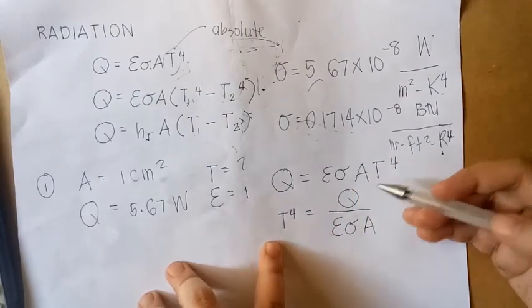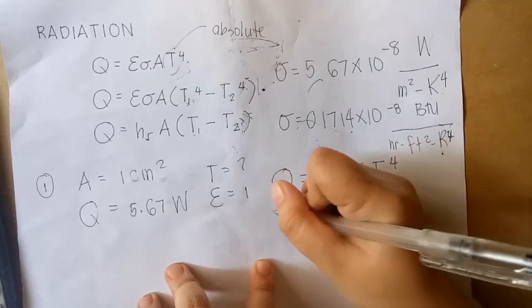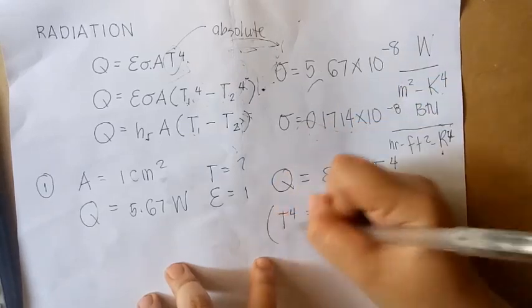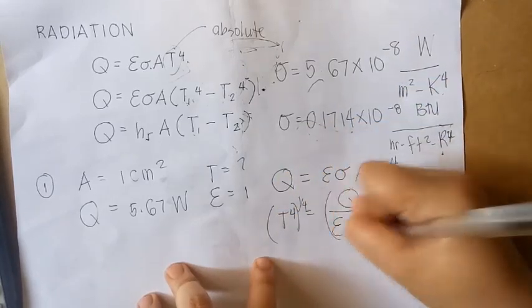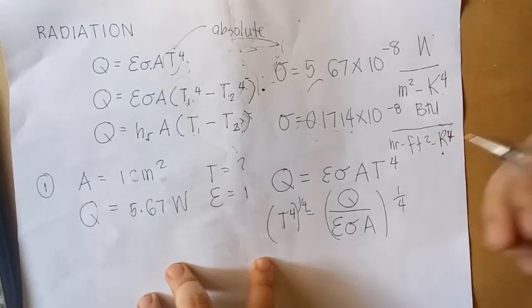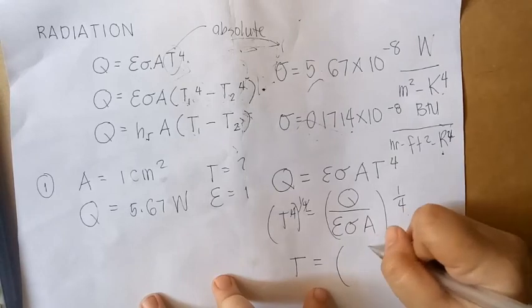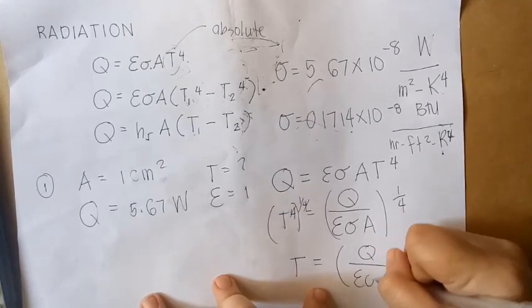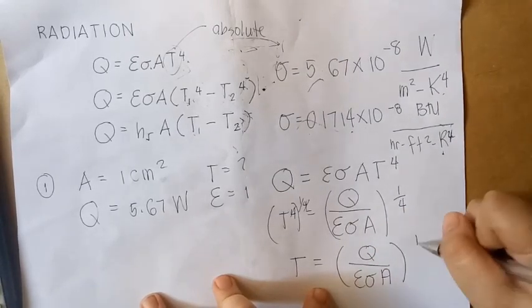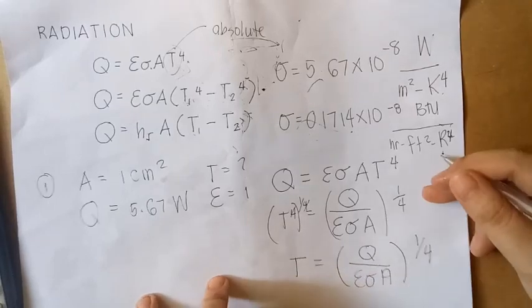And para makuha natin yung temperature, kuhanin natin ang 4th root ng both sides or erase natin sa 1/4. So, cancel to. Therefore, temperature is Q over emissivity times sigma times area raised to 1/4. So, yan na yung ating formula.